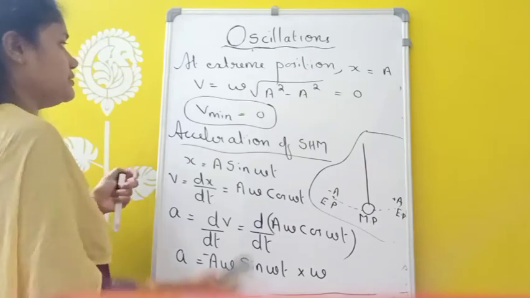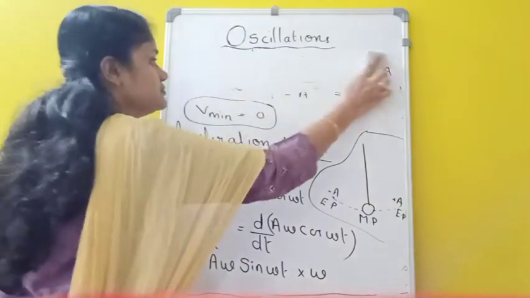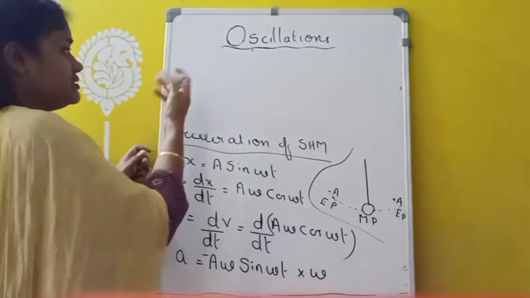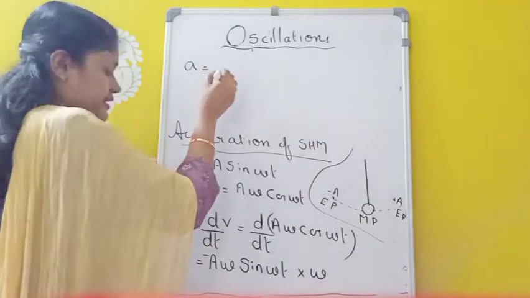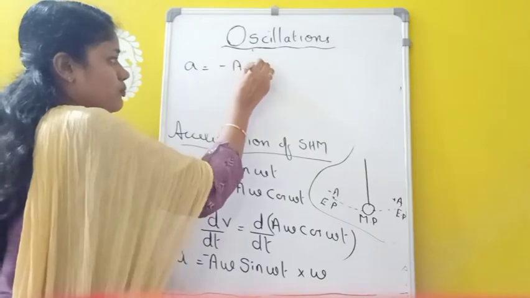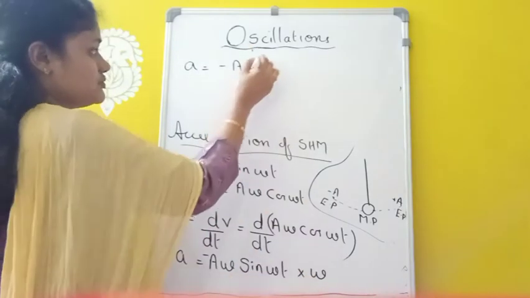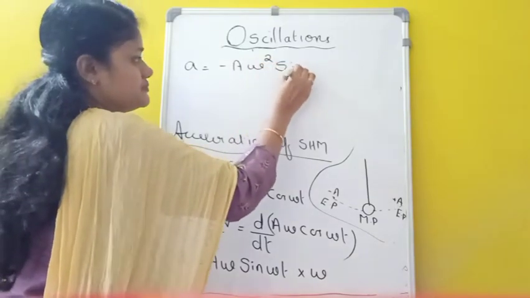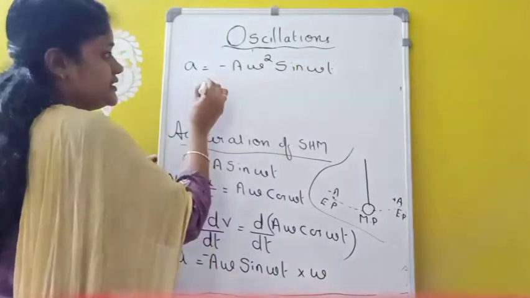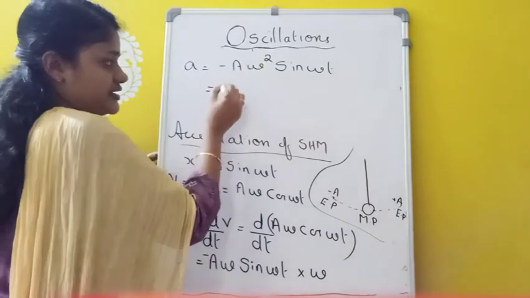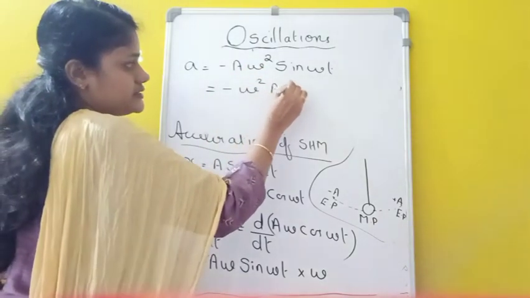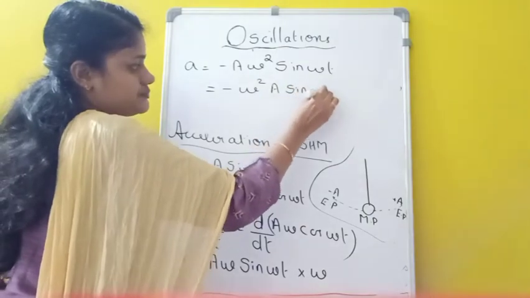Now I am simplifying. So a equals minus a omega, one more omega is there, so I can write minus a omega square into sin omega t. That is equivalent to, writing omega square first, minus omega square into a sin omega t.